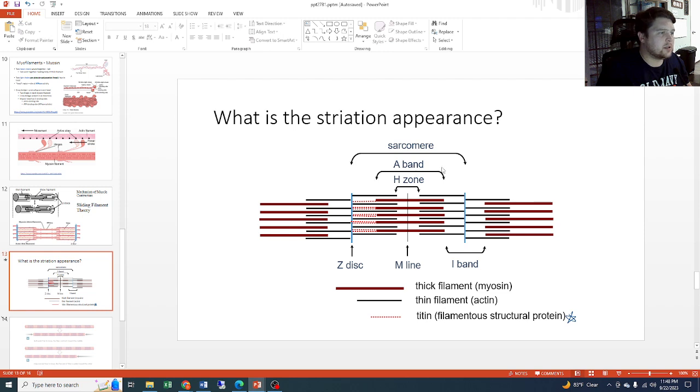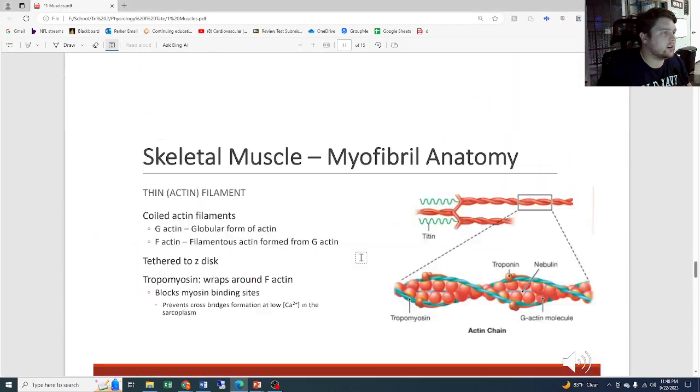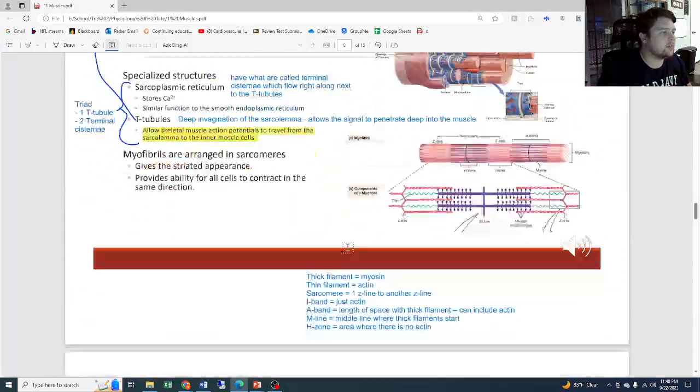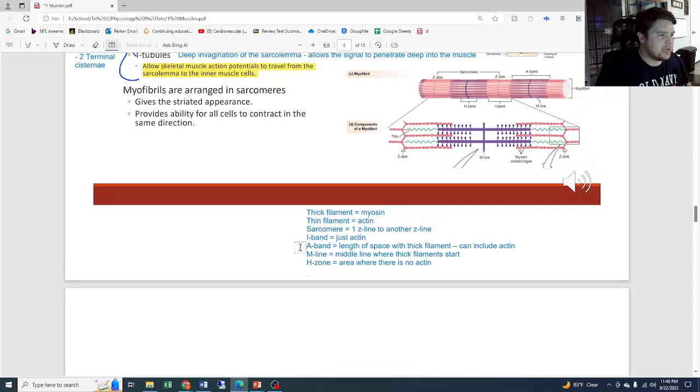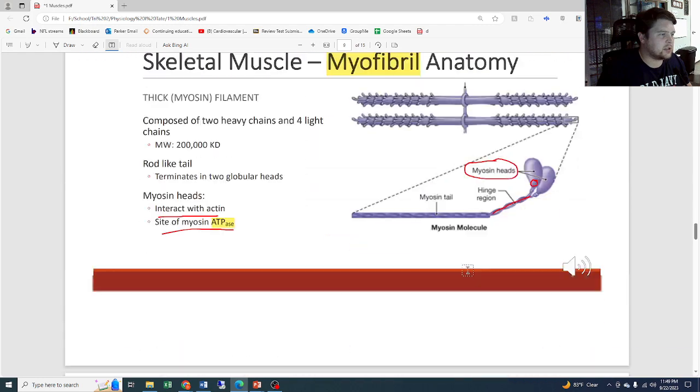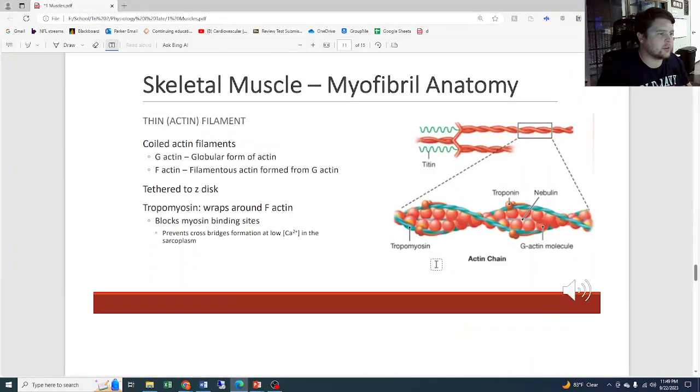The A band is the length of space with the thick filament and can include actin. We have an I band, which is just where the actin is, an M line, and an H zone. And we'll go over each of these individually.